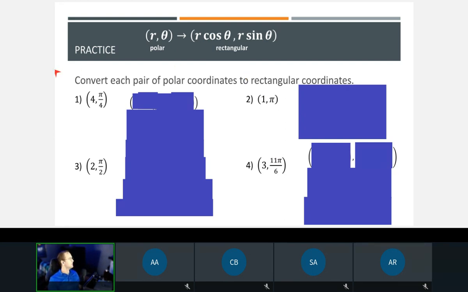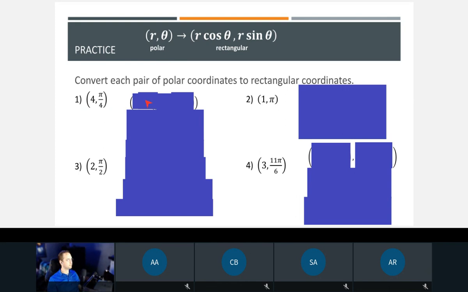Yeah. All right, so number 1, we are going to convert all these pairs of polar coordinates into rectangular. So up top, I actually have the conversion here. So number 1, r is 4, theta is pi over 4. So go ahead and write this setup.